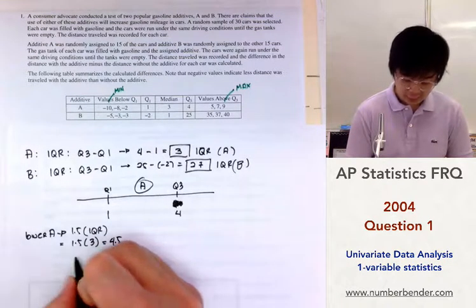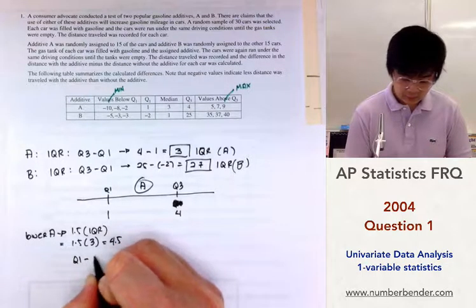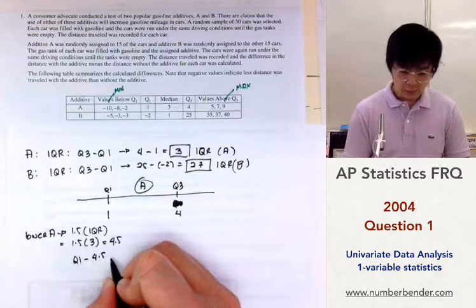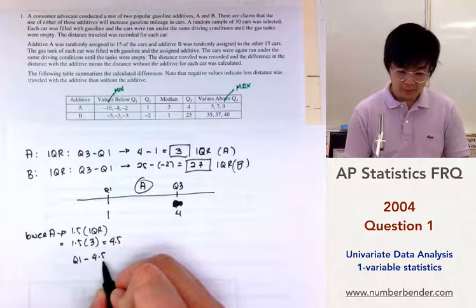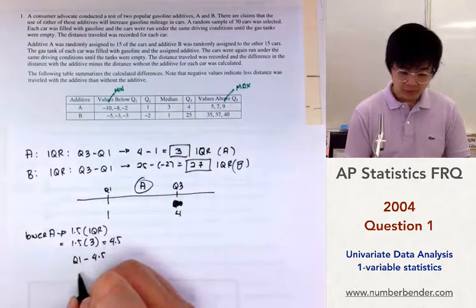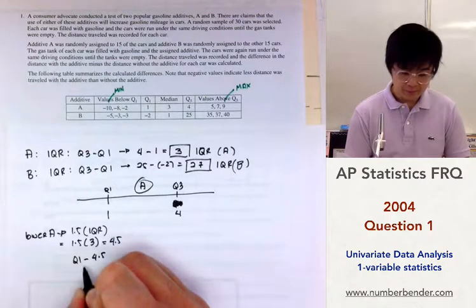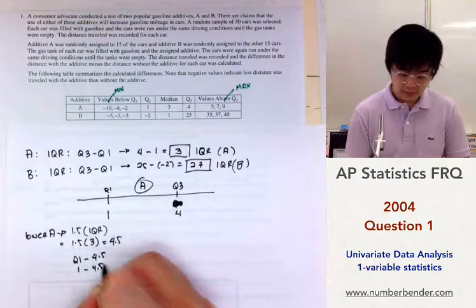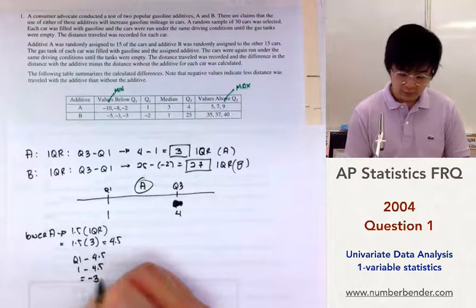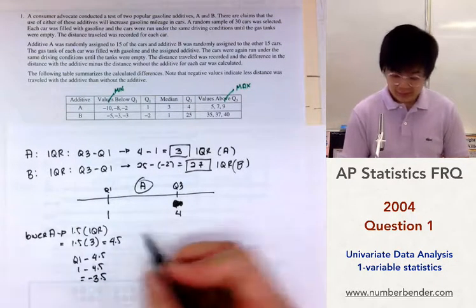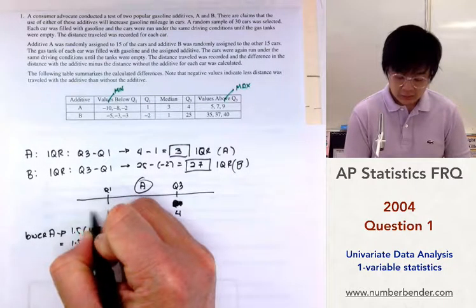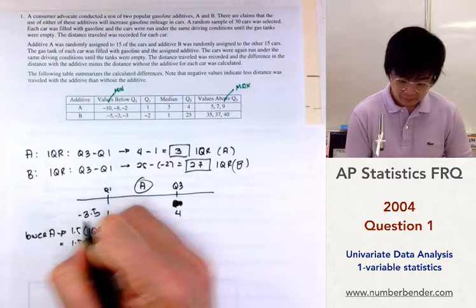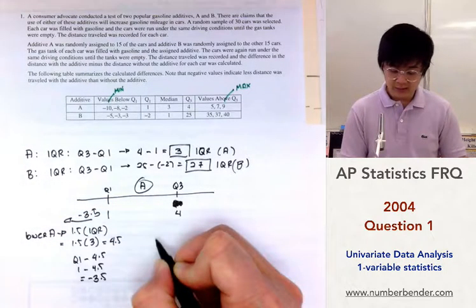So we'll have Q1 minus 4.5, and Q1 minus 4.5 will give us a value of 1 minus 4.5 equal to negative 3.5, which means any number to the left of negative 3.5 is considered an outlier.